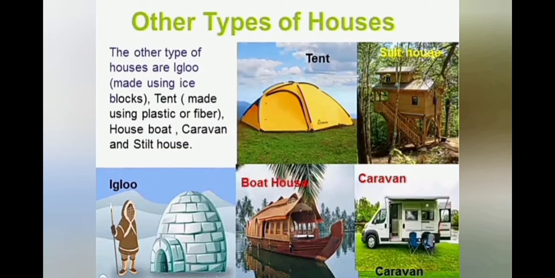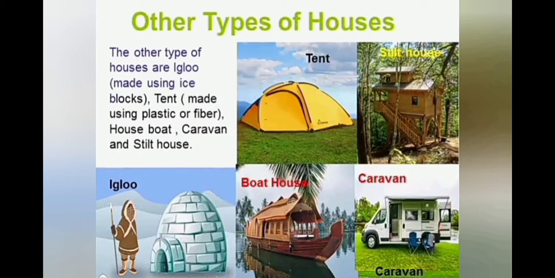Other types of houses are all temporary houses. A tent, when we go camping, we use this tent house. And there is the stilt house, caravans, houseboat and igloos. The igloo is made using ice.